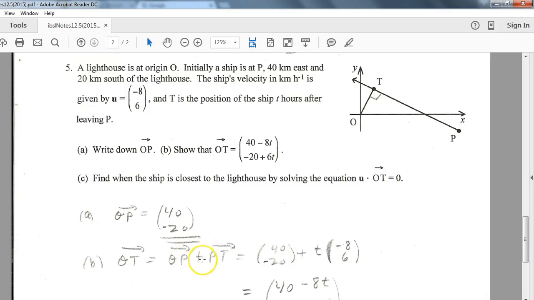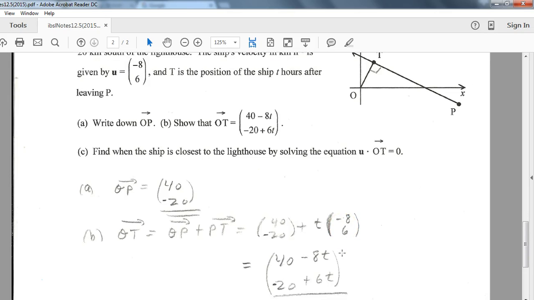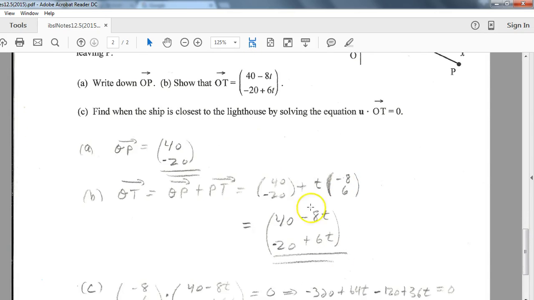If I did OP plus PT, where this one leaves off, this one begins, and I cut out that middleman, I create OT. If we plug in the initial position vector and the velocity vector, we get that common equation of the line. And then we just do the parametric equations from there. So 40 plus negative 8t, and then negative 20 plus 6t give us those two parametric equations.